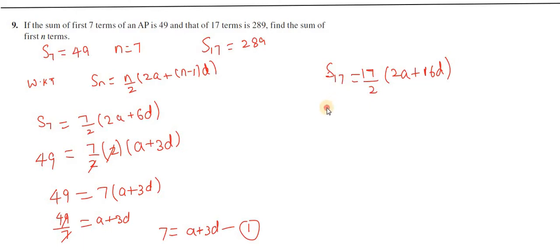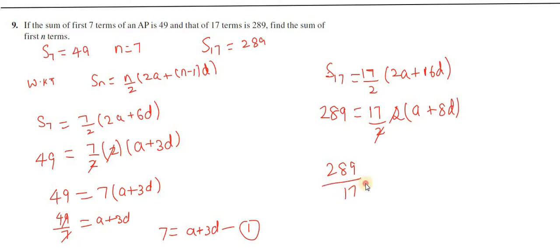So S17 is 289, which is equal to 17 by 2, and 2 is common, then a plus 8d. 2 and 2 get cancelled, so 289 divided by 17 is equal to a plus 8d. What is 289 divided by 17? It is again 17. So 17 is equal to a plus 8d. Call this equation 2.